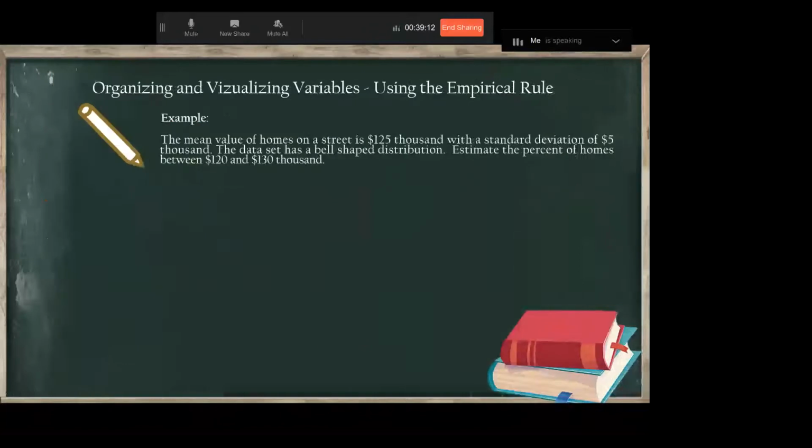Let's take an example. The mean value of homes on the street is $125,000, so mu is given, with a standard deviation of $5,000. This is sigma, and the data set has a bell-shaped distribution, which means it's symmetric.